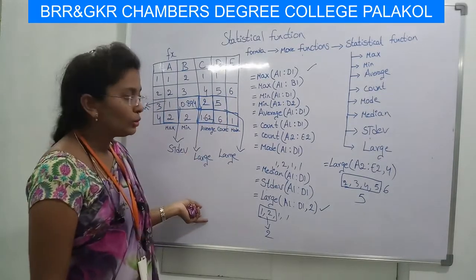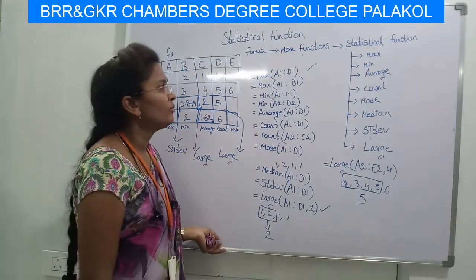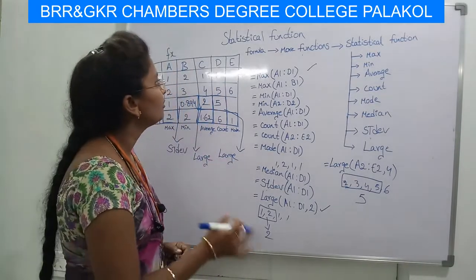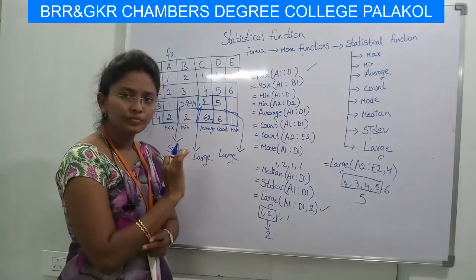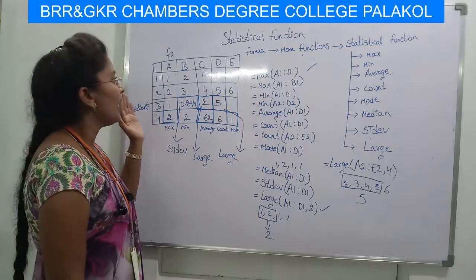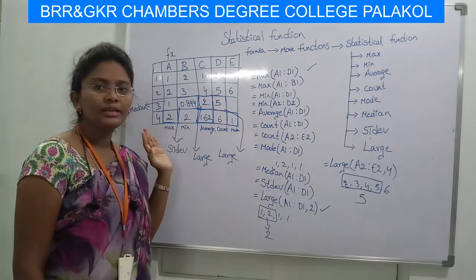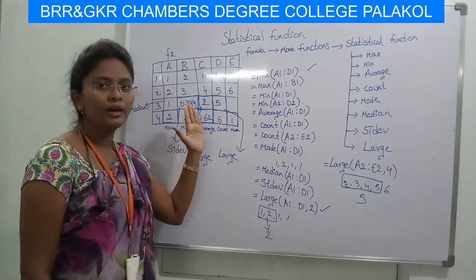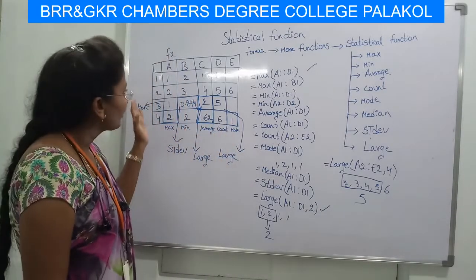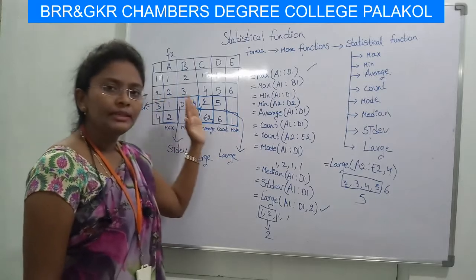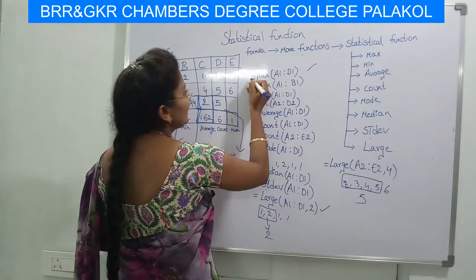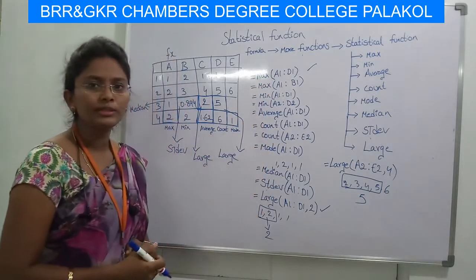This is the way to calculate the functions in the statistical group. First you have to take some data in the Excel sheet. After entering the data, select the data and then write the formula, or enter the data and directly write the formula without selecting.